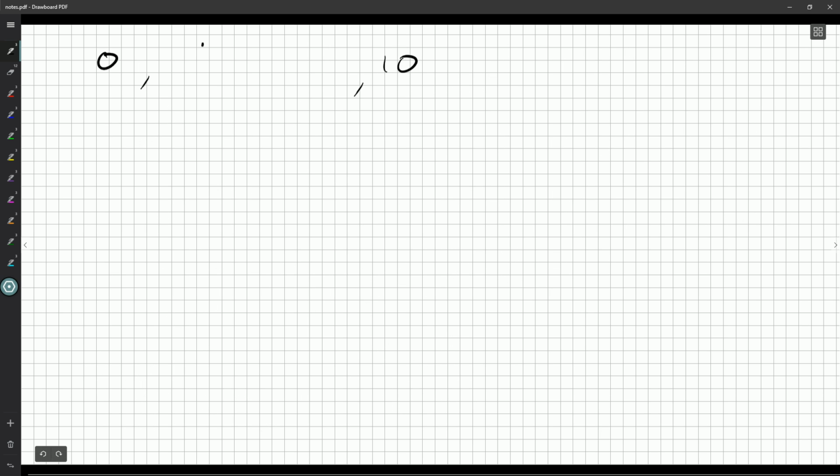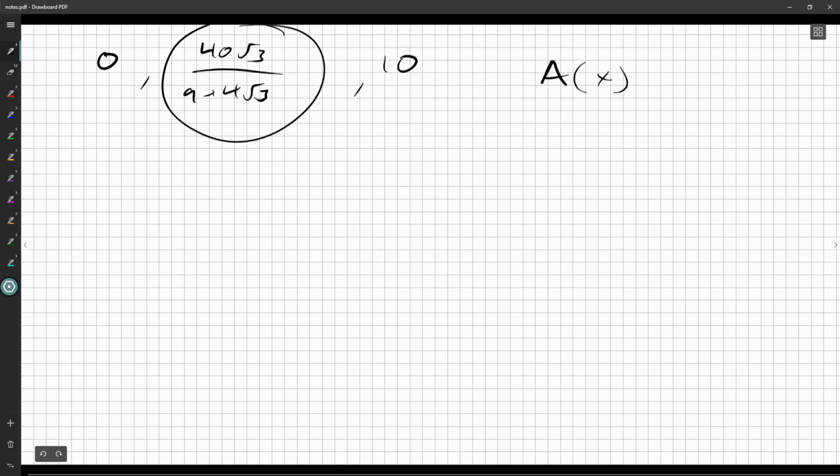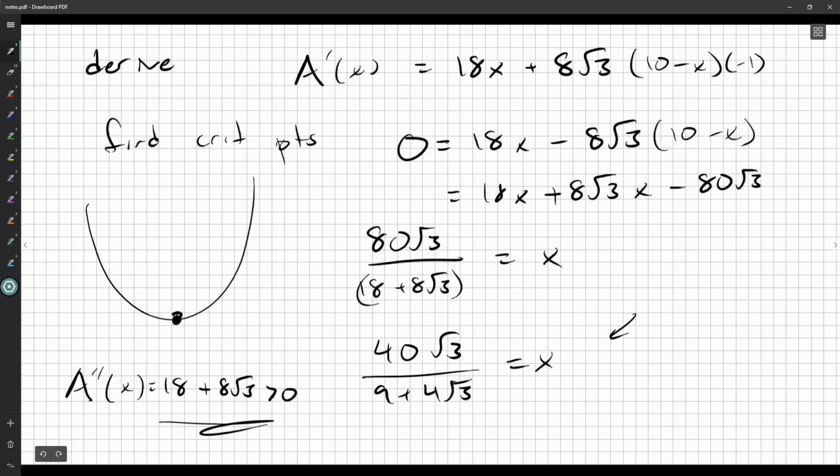So you might feel compelled to do what you were trained in calculus and test all three, plug them all into the A of x function, the area function. But this one's going to be a nightmare to figure out that area and compare it to the others. So I'm telling you, just use the geometry or use the second derivative and say, this must give the minimum.